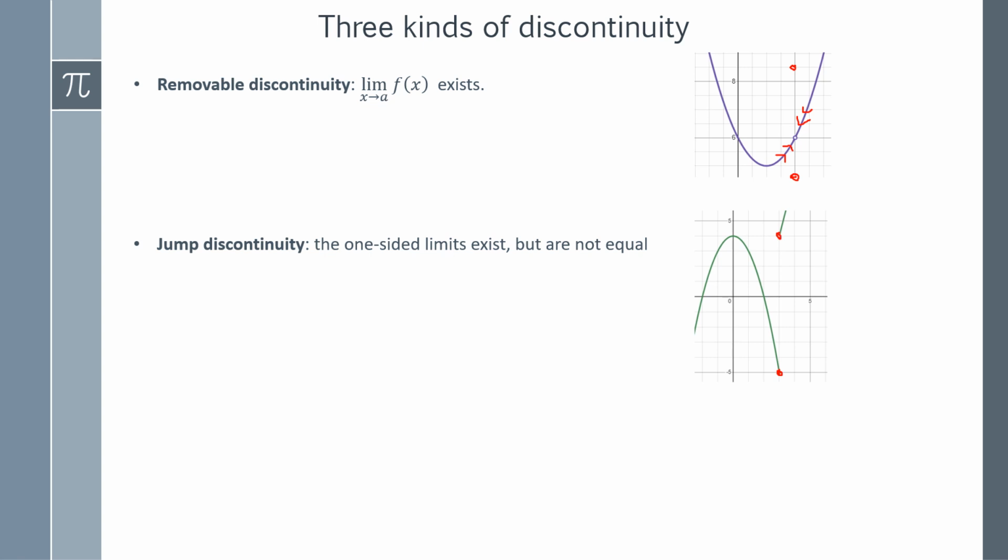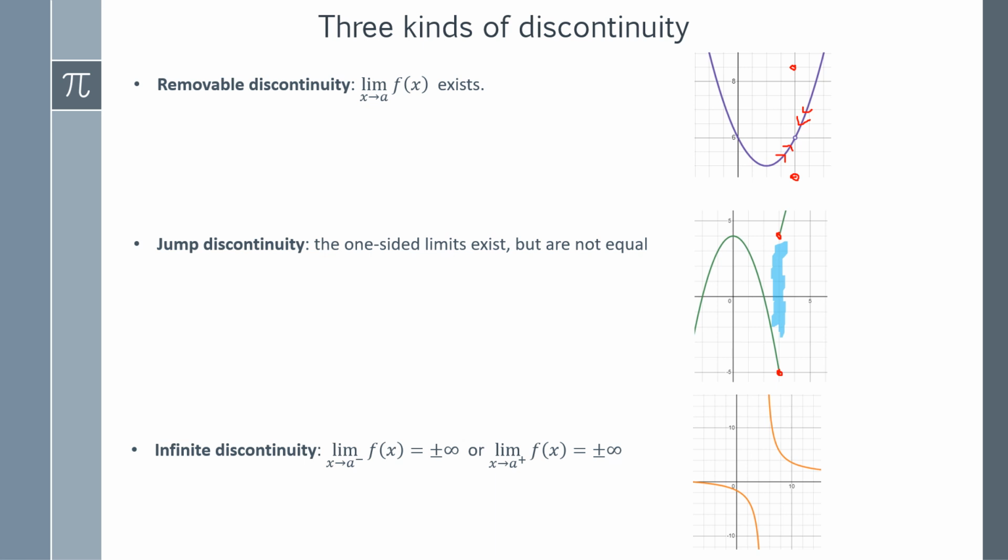So that is the example we've already discussed. The two one-sided limits do exist, however, they're not the same. So this is a jump discontinuity, and as you can probably see, the jump refers to this gap right here.